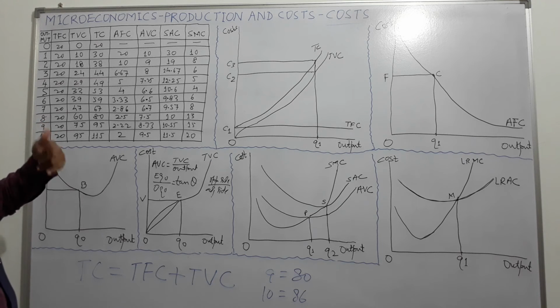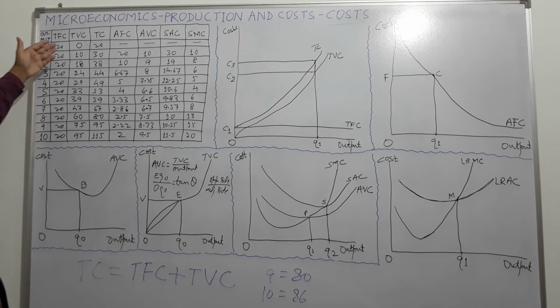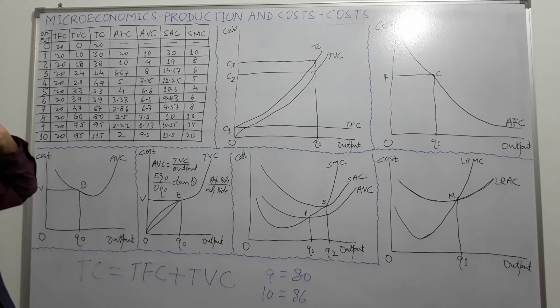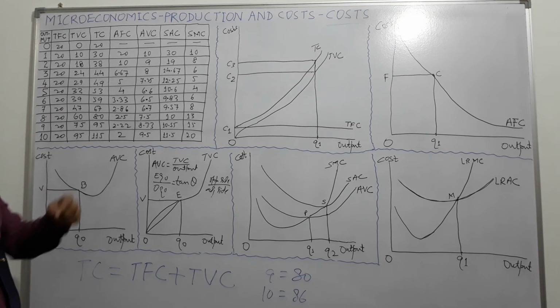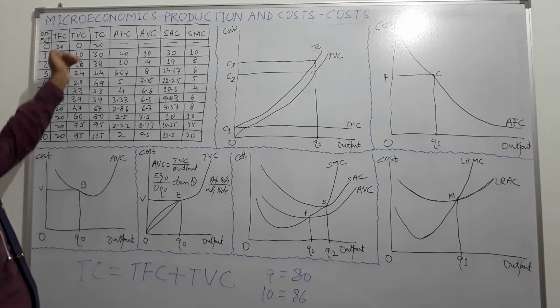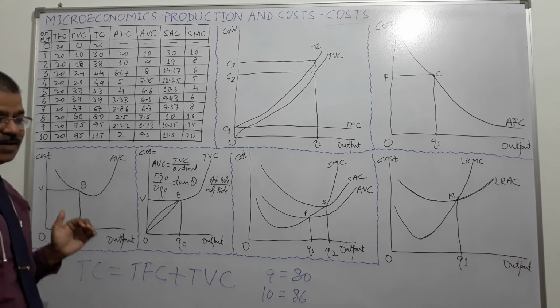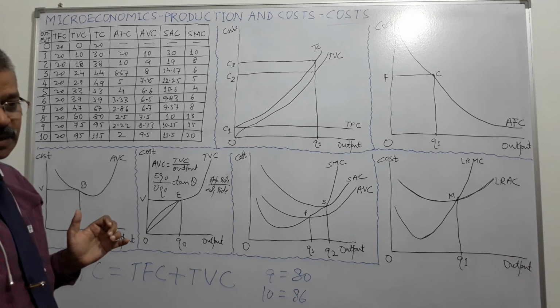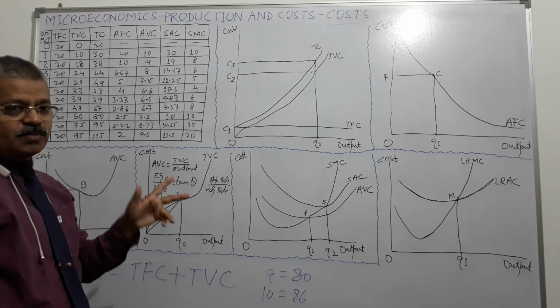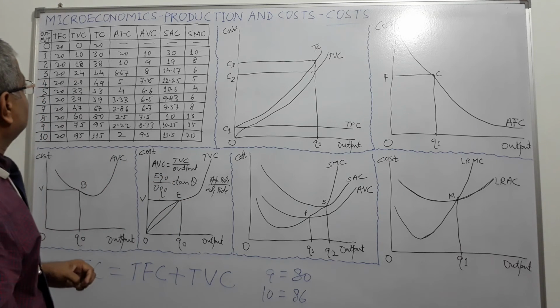Total fixed cost cannot be varied in the short term. Total variable cost increases as output increases, and total cost goes up as output goes up. Total cost is a combination of total variable cost plus total fixed cost.